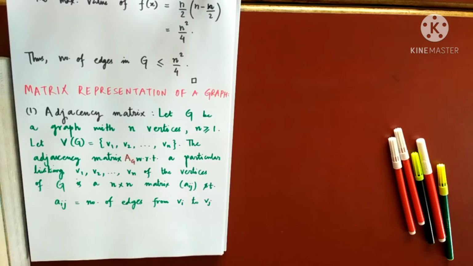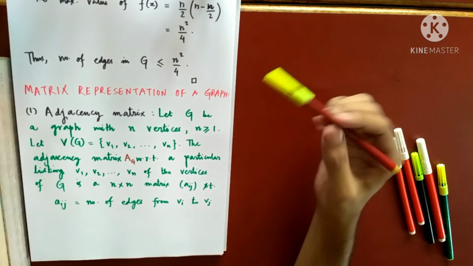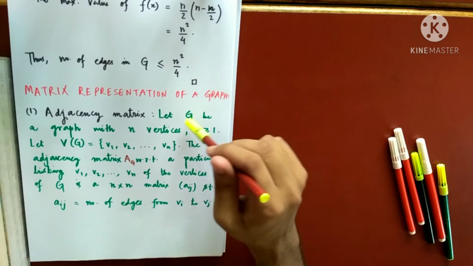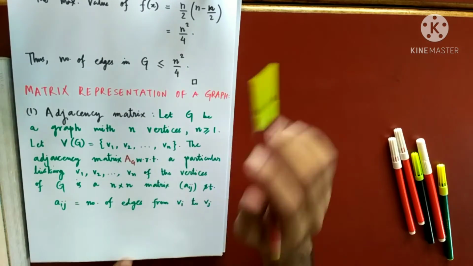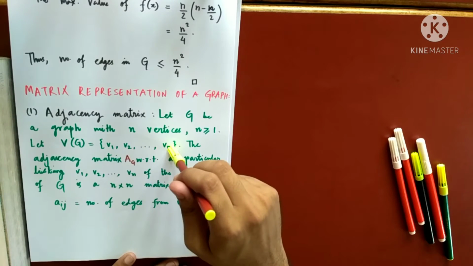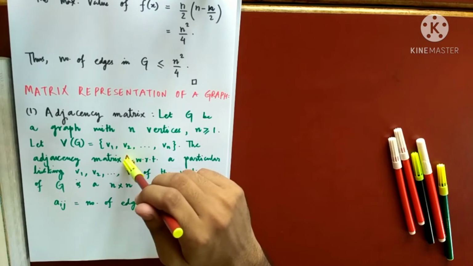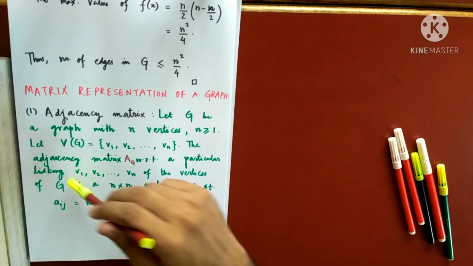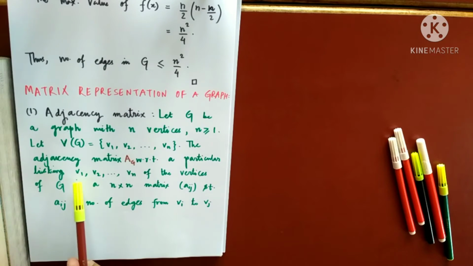So try to understand the definition of the adjacency matrix. I have some graph G having n vertices. Suppose I have named the vertices v1, v2, up to vn. The adjacency matrix will depend on the particular listing. That means I am finding the adjacency matrix with respect to the ordering v1, v2, up to vn.